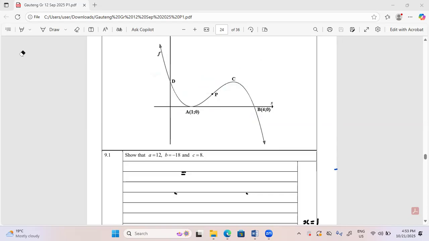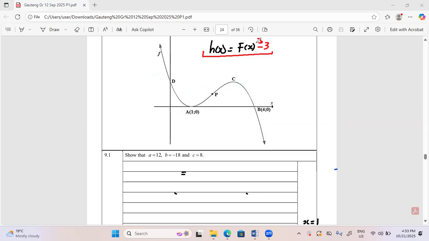H is formed by taking the function f of x and shifting it vertically 3 units downward. So this minus 3 means we are shifting our function f of x 3 units downward.